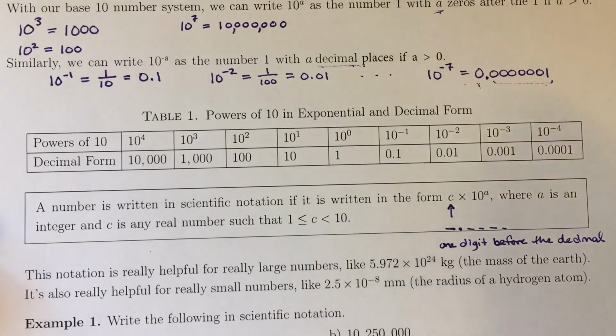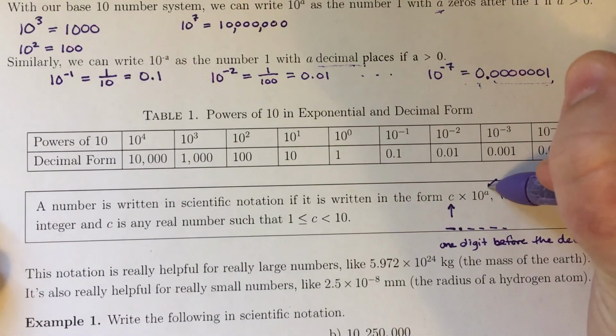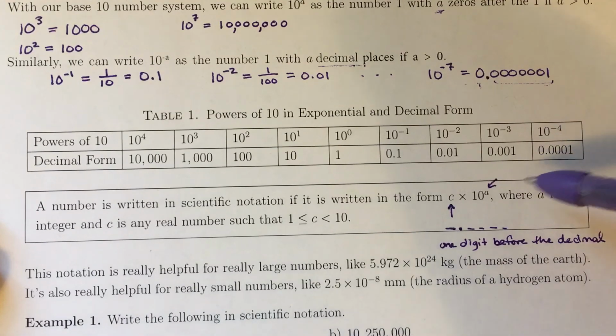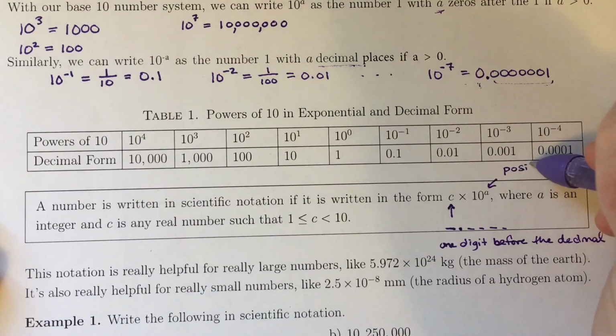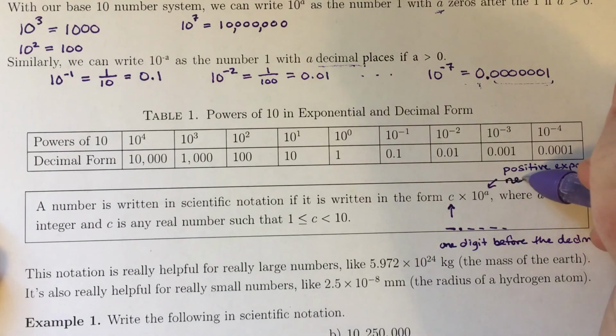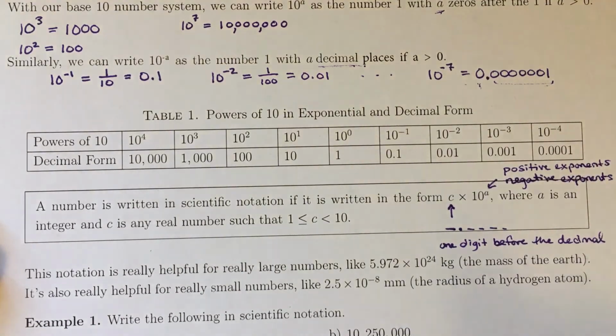Now this exponent on A, if A is positive, that will move the decimal to the right. So positive exponents move right, and negative exponents will move the decimal to the left.